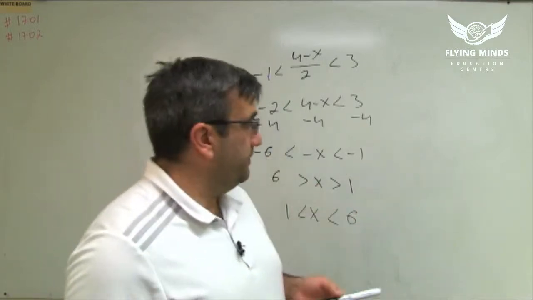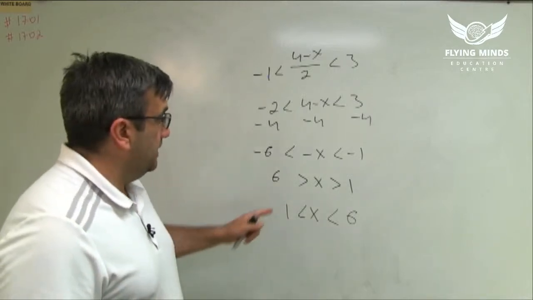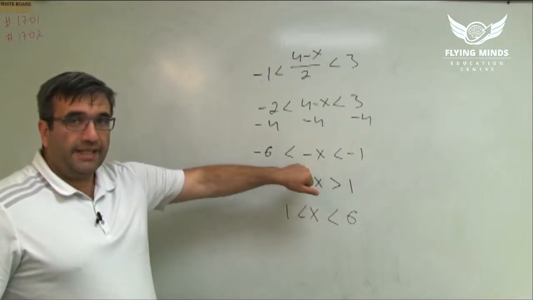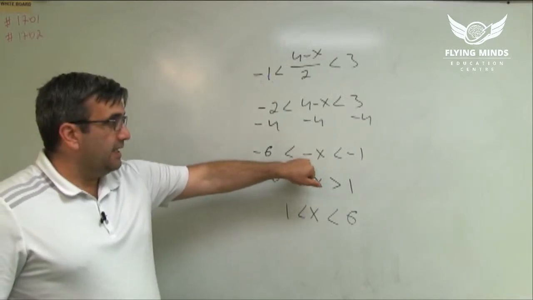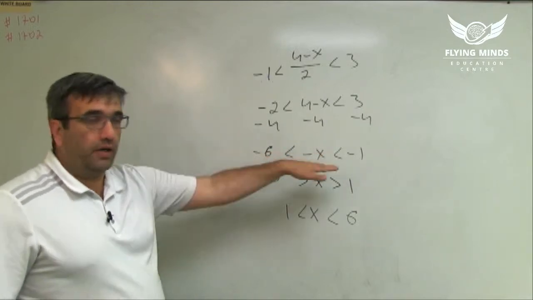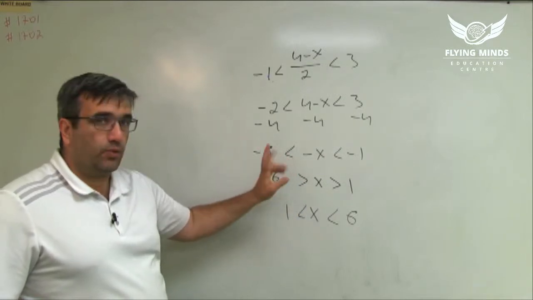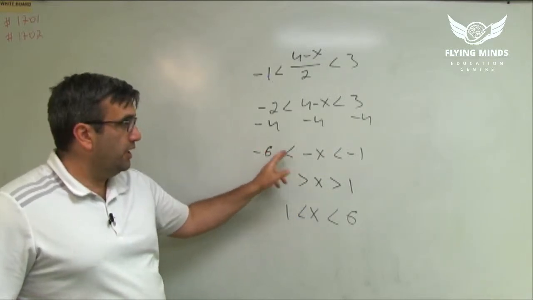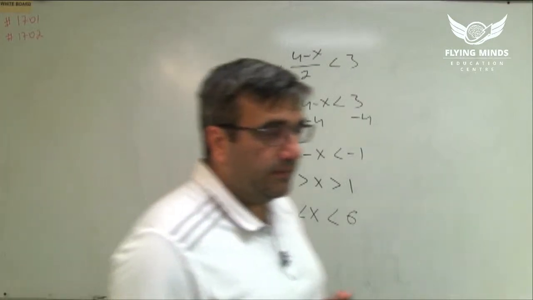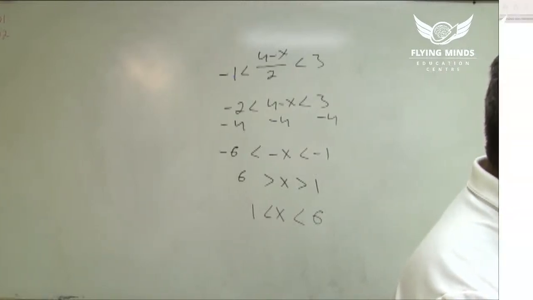When our variable has a negative sign, we multiply all parts by negative 1, and switch signs into the opposite direction. That's very important, right?